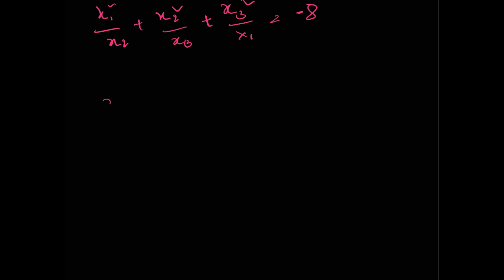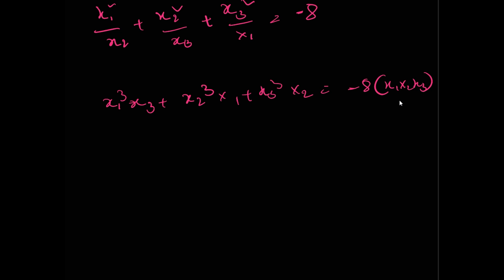So we will get x1 cube x3 plus x2 cube x1 plus x3 cube x2 is equal to minus 8 times x1 x2 x3. This equals minus a times minus 8, that equals 8a.